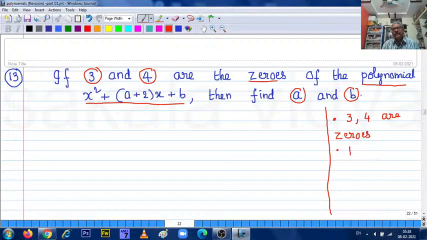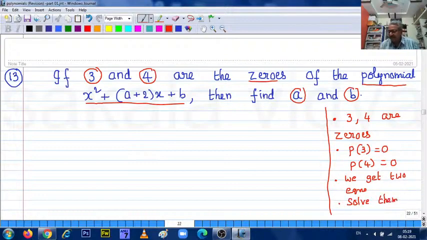So that means p of 3 must be 0. In the place of x, put 3 and equate to 0. Similarly, p of 4 is also 0. So we get two equations. Solve them, then we get a and b. This is the method we can adopt. So let us write the solution now.